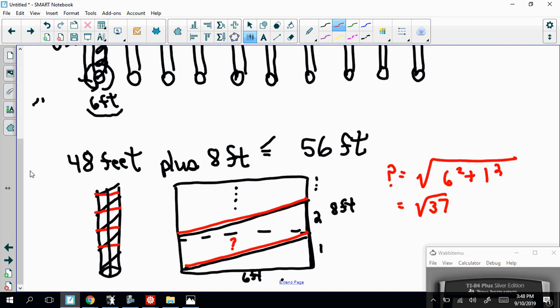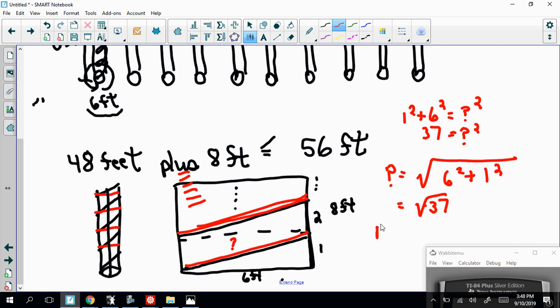Pythagorean theorem. Sorry, I went pretty quick. So 1 squared plus 6 squared equals question mark squared. Question mark squared equals 37. Square root of 37. So we have 1, 2, 3, 4, 5, 6, 7, 8.